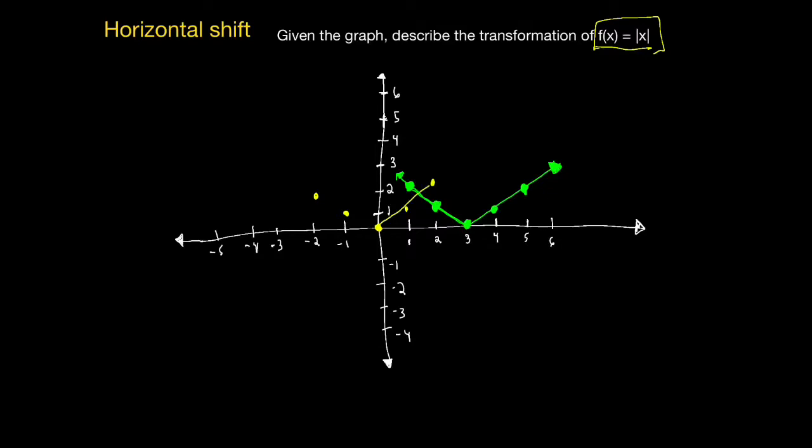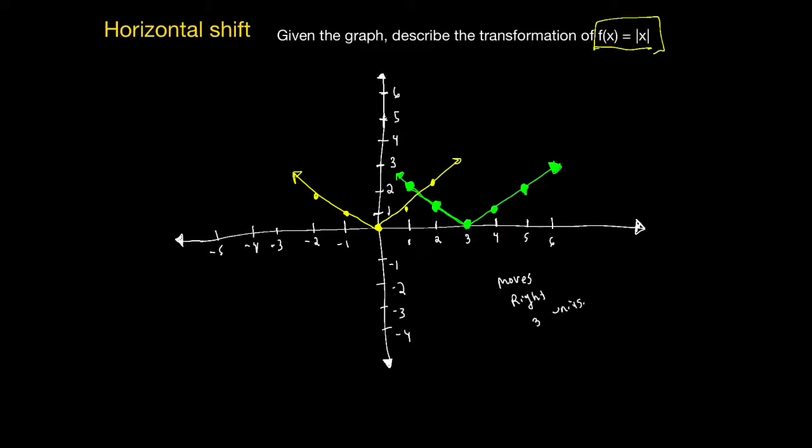So this is the yellow function, which is the absolute value of x. And now we want to move it to the right. Let's see how many units it shifts by analyzing the origin right here. We see that it moves to the right 1, 2, 3 units. So it moves right 3 units.